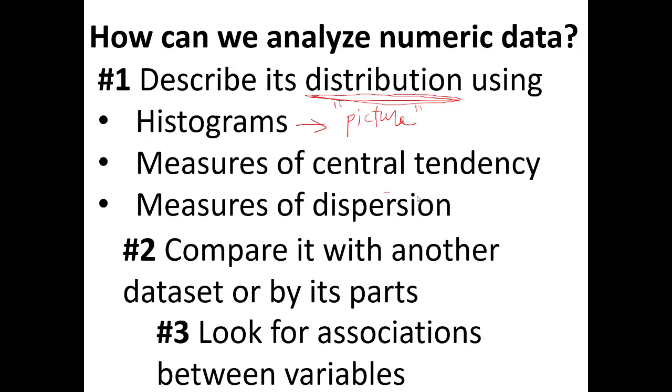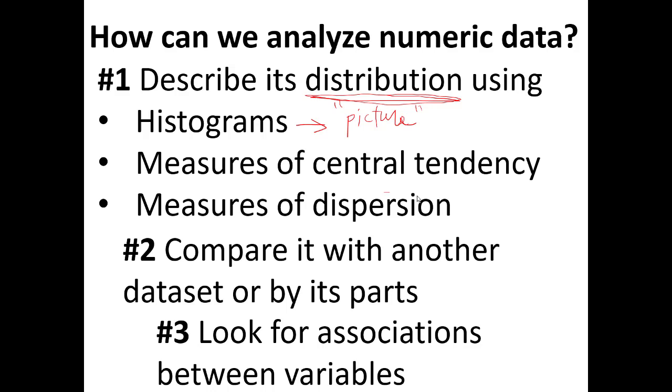Likewise, houses with bigger lots tend to sell for more than houses with smaller lots, right? So those are some examples of associations. And with associations, there are both numbers that we can use to describe these associations, but also we can use images to see these associations.